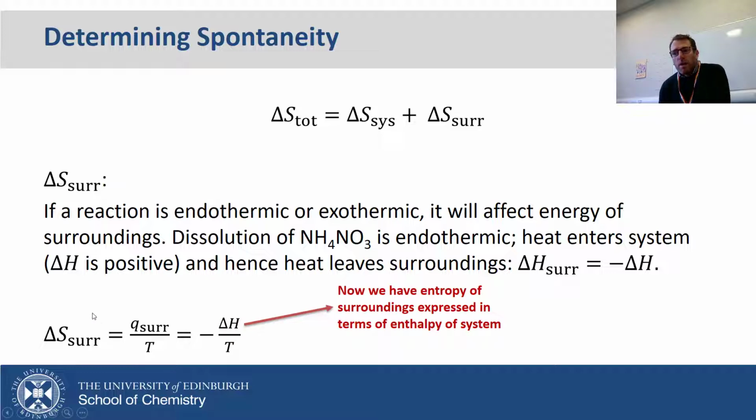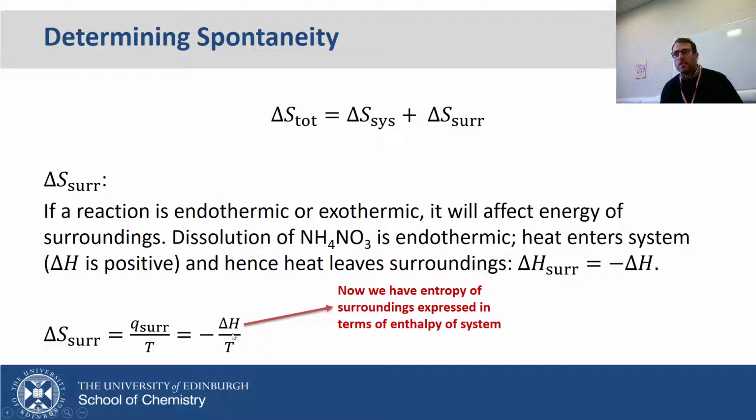So that means we can use the second law of thermodynamics and say the entropy change of the surroundings is equal to Q over T, and we know at constant pressure Q is equal to delta H. So therefore the entropy change of the surroundings is minus delta H over T. This is now an expression of the entropy change in the surroundings in terms of something we know about the system, the enthalpy change in the system.